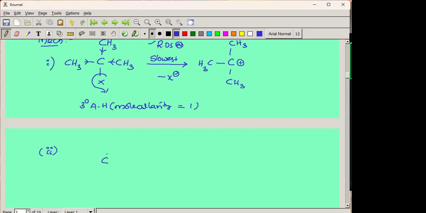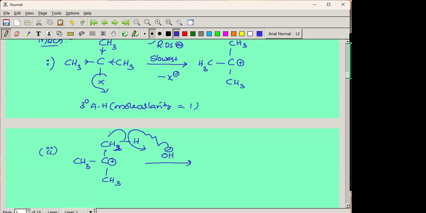So now here I'm going to take this tertiary carbocation. This is an intermediate. In the presence of base, one of the hydrogens of this beta carbon atom donates electrons. The base traps the hydrogen.